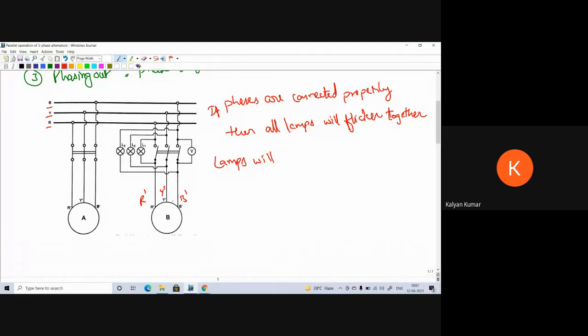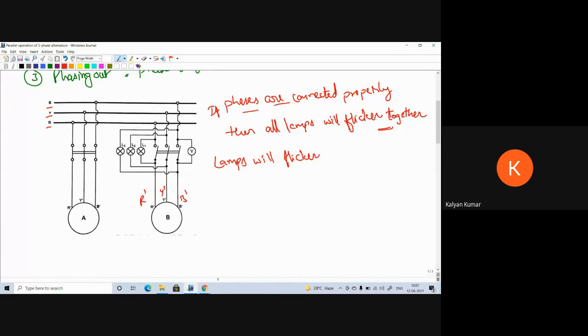Lamps will flicker based on the current variation. If the lamps are flickering together, that means L1, L2, L3 become bright at one time and dark at the same time, then the phase sequence is correct.